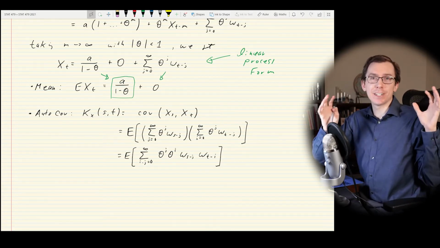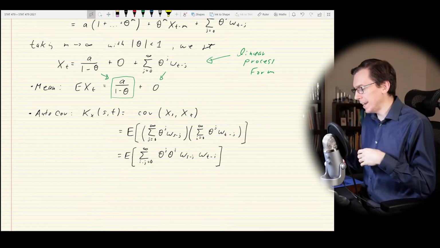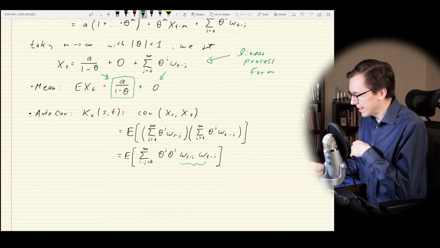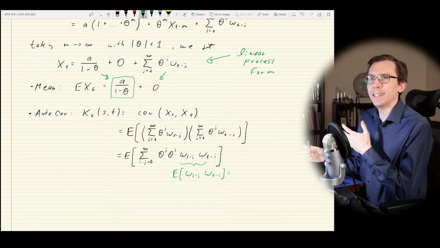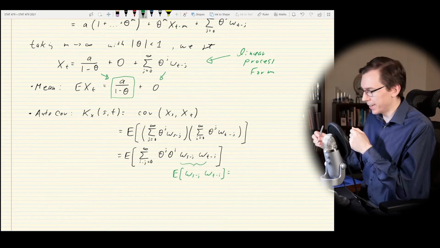Because expectation is linear, so we can bring it inside that summation. And when we take the expected value of the product of these two w's, basically the expected value of w_{s-j} and w_{t-i}, it's always going to be 0 if the indices differ from each other.